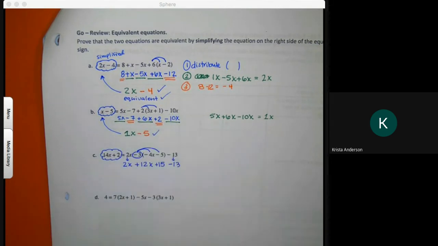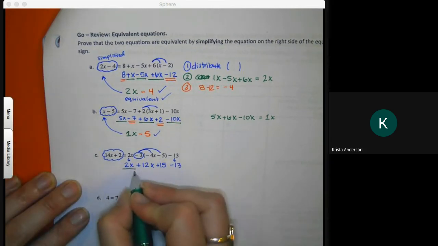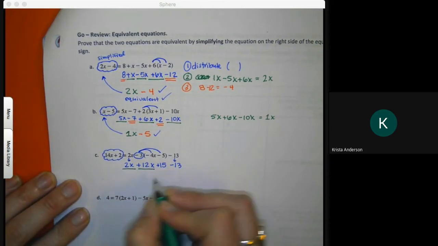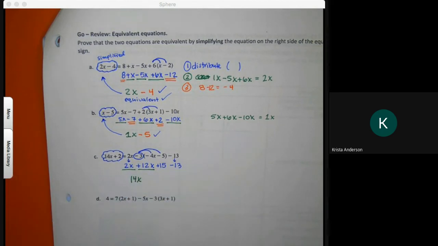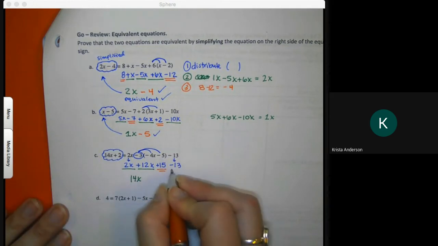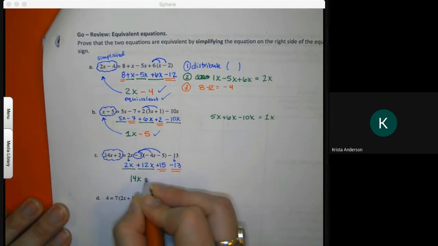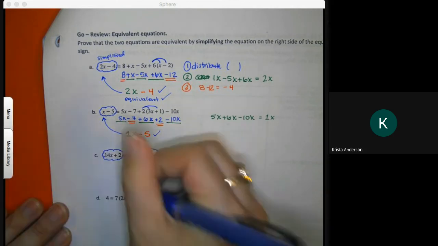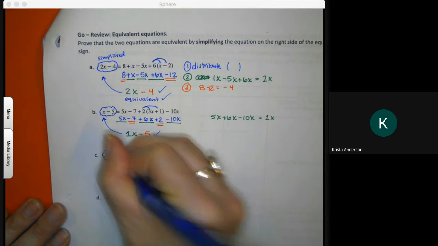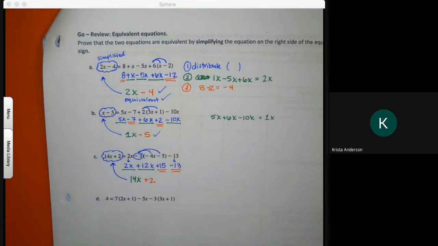Those ones that aren't inside just drop down. 2x plus 12x make 14x's. 15 minus 13 is a positive 2. Is it equivalent? Yes. Going good.